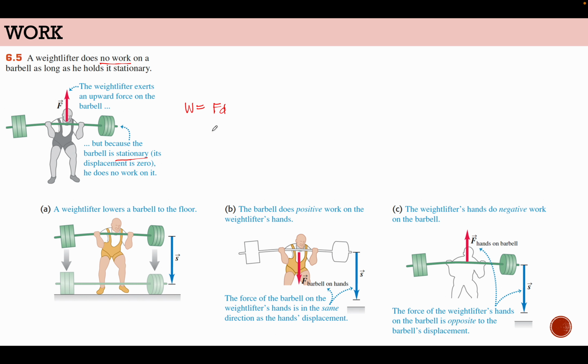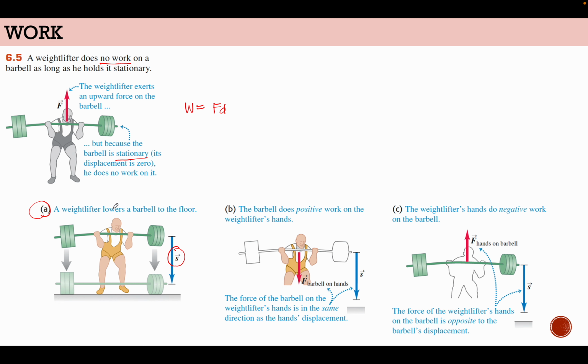So if our displacement is 0, and you are exerting an upward force, still our work will be 0. But in letter A, if a weightlifter lowers a barbell to the floor at a specific displacement S, that is the time when there is work done by the weightlifter on the barbell.